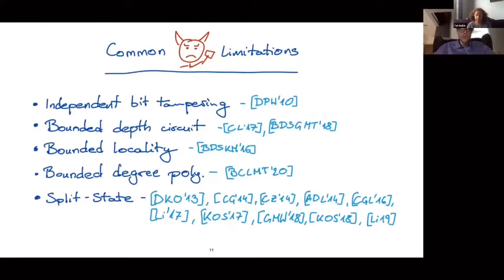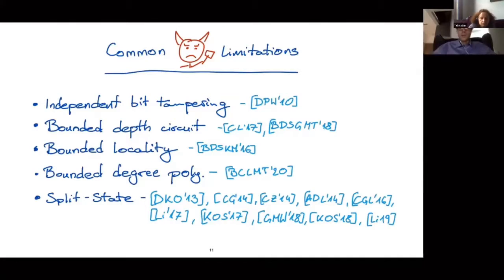The first one was independent bit tampering. This is from the original paper. In independent bit tampering, the adversary decides whether to keep, flip, set to 0 or set to 1 each bit of the code word. So he does it independently for the bits. He doesn't see bit 1 when tampering with bit 2, for example.